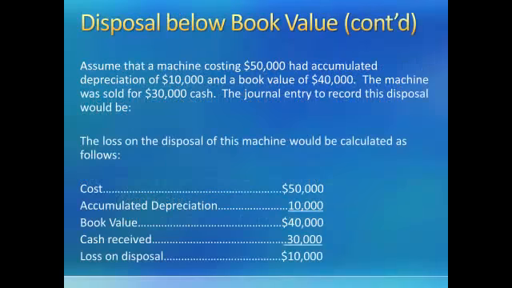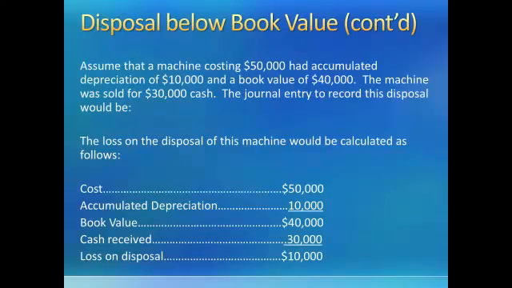Next, we'll take a look at the disposal of a plant asset below book value. Here we have a machine that costs $50,000 with depreciation of $10,000, just like before, so the book value is $40,000. The machine was sold for $30,000 in cash in this example.